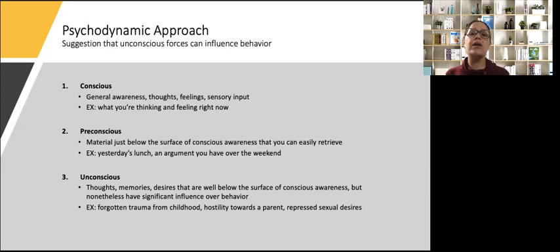So things you cannot easily retrieve. Different from the preconscious, where you can easily retrieve that information, these you cannot. So forgotten trauma from when you were a child, maybe you have hostility towards a parent, but you don't really know why. You can't remember when you were that little. Repressed sexual desires because of something that happened to you during childhood, things like that.